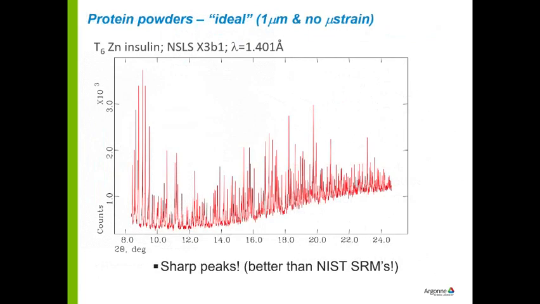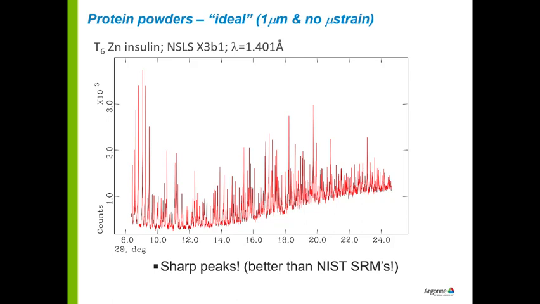Here's another feature about protein powder diffraction: they're absolutely ideal if you've got a crystalline one. Their crystallite sizes are around 1 micron, and there's no microstrain. So there's no sample broadening for all intents and purposes in a protein powder.